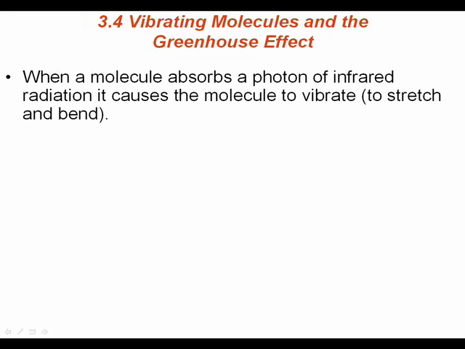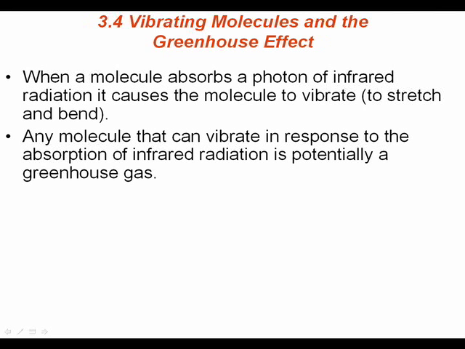And only certain kinds of molecules can absorb infrared radiation. The molecule then vibrates more strongly, more energetically in response to the absorption of infrared. Remember, infrared is heat energy, heat radiation. And if it can, then it is a potentially greenhouse gas.